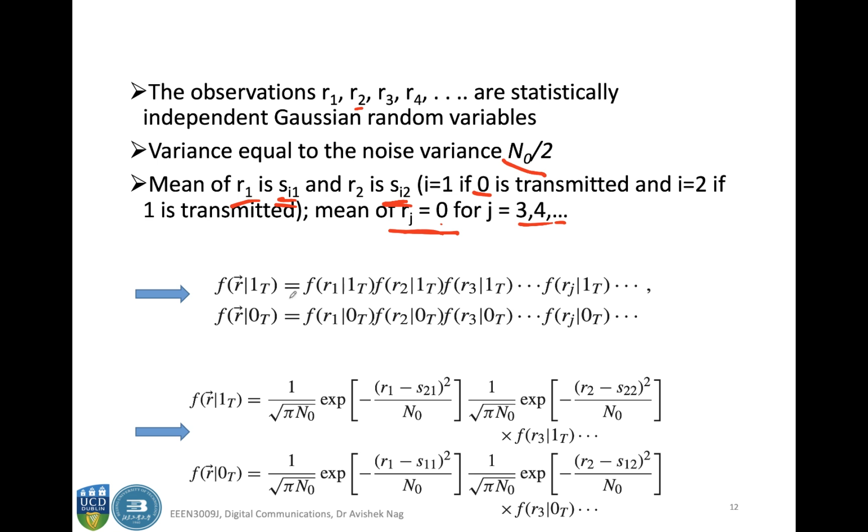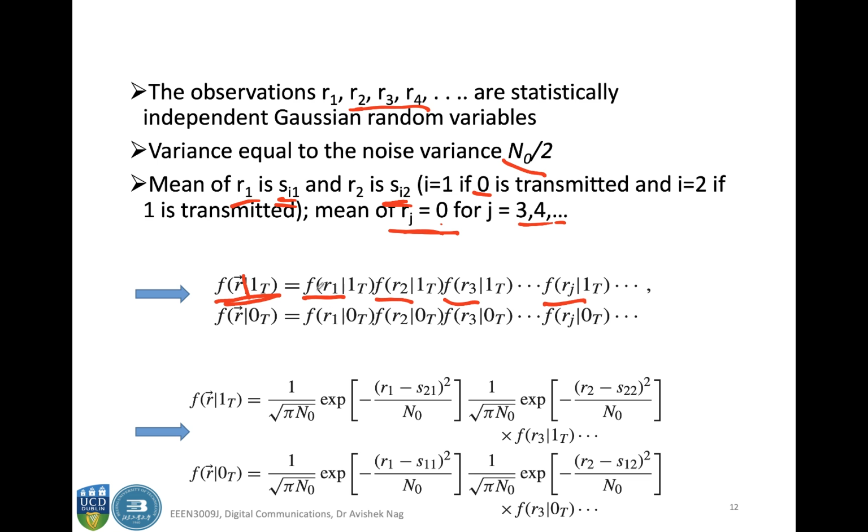Also, these are all statistically independent. So I can write the distribution of the received signal given a 1 was transmitted as a multiplication of all these individual conditional densities.